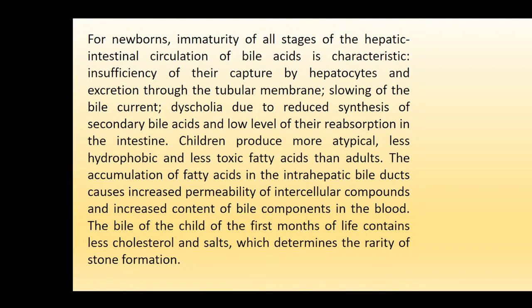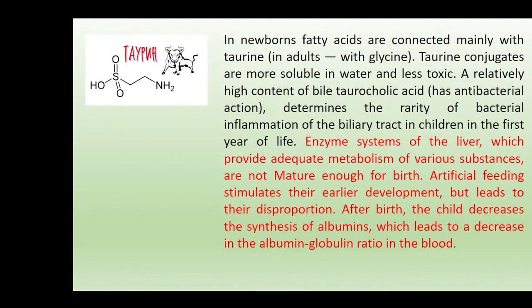Children produce more atypical, less hydrophobic and less toxic fatty acids than adults. The accumulation of fatty acids in intrahepatic bile ducts causes increased permeability of intercellular compounds and increased content of bile components in the blood. The bile of a child in the first months of life contains less cholesterol and salts, which determines the rarity of stone formation.